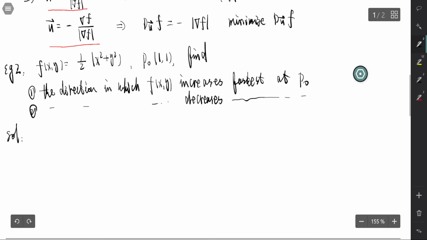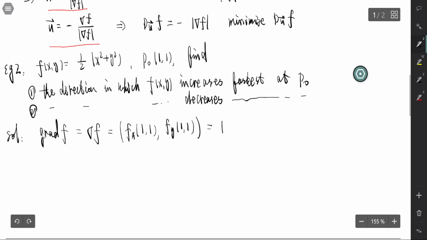So first we find the gradient. Sometimes we write gradient f as nabla f, that is (f_x(1,1), f_y(1,1)). f_x is x and f_y is y, so at this point it's (1,1).